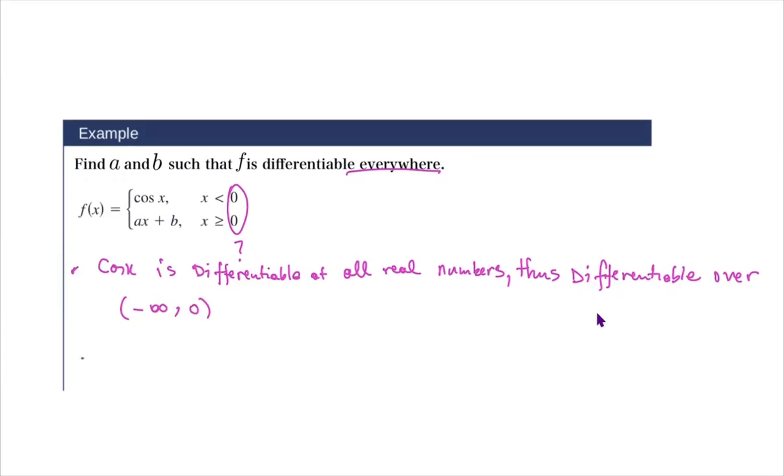And then ax plus b, linear, is differentiable at all real numbers.